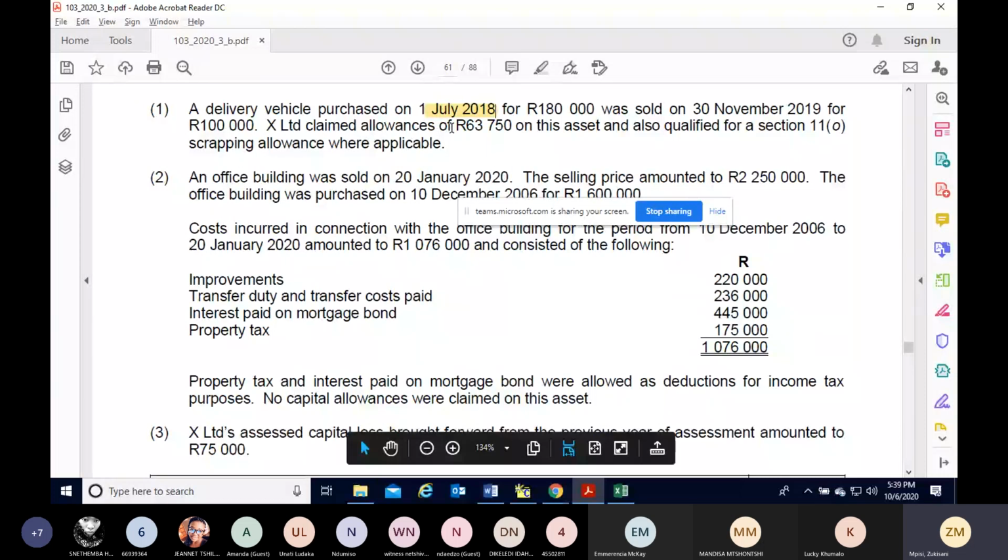X Ltd claimed allowances of 63,750 on this asset and also qualified for the Section 11(o) scrapping allowance where applicable. So in essence, what we have to look at is whether we will be able to get a capital gain or loss on this asset. So we basically have to do the calculation. We are first going to deal with the delivery vehicle.